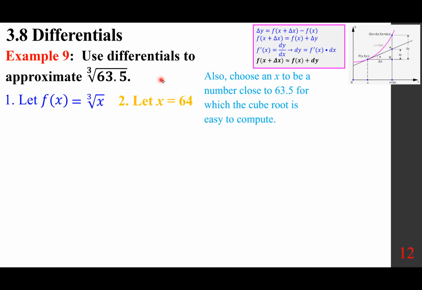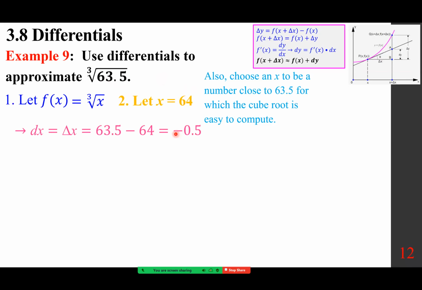So we want to use 64 as x, therefore dx is 63.5 minus 64, making it negative 0.5, meaning we know the cube root of 64 is 4. The cube root of 63.5 is less than that. This is the idea that is put in here.